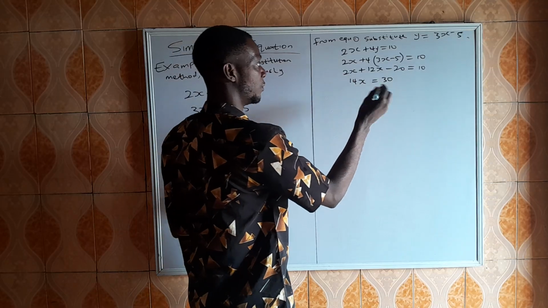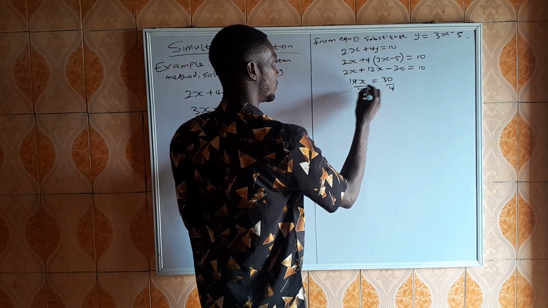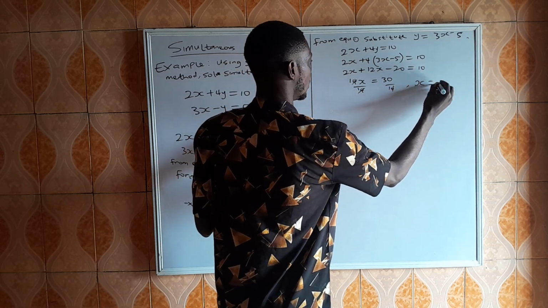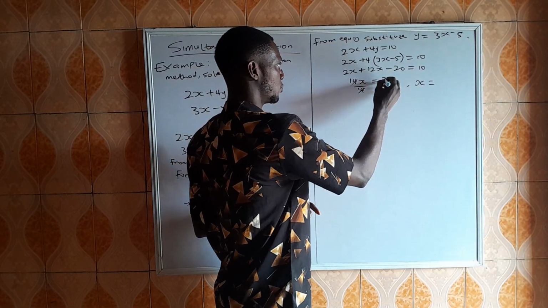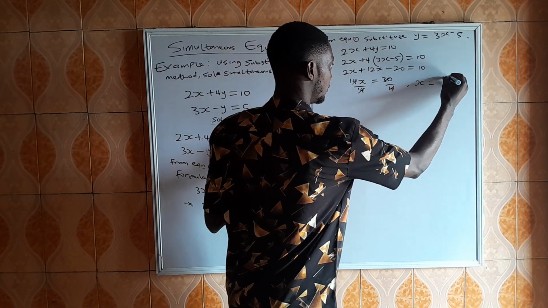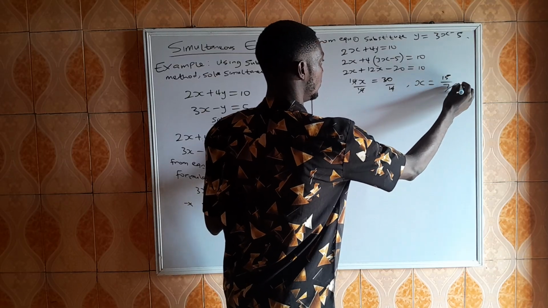So 14x equals 30. To find the value of x, 14 cancels 14. Now 2 can go into both, so dividing by 2 it becomes 15 divided by 7. So this is the value of our x.